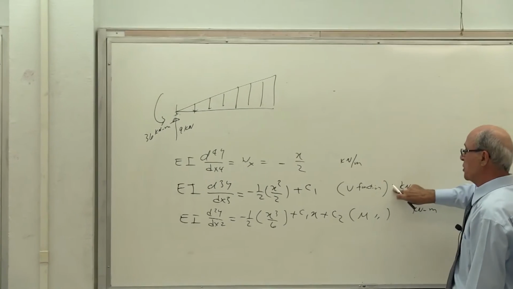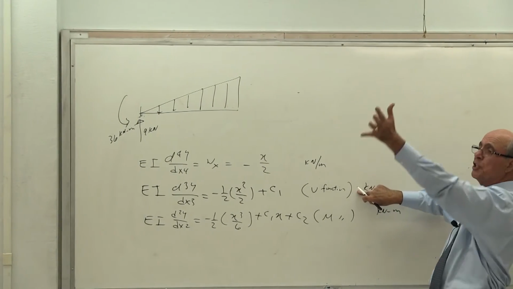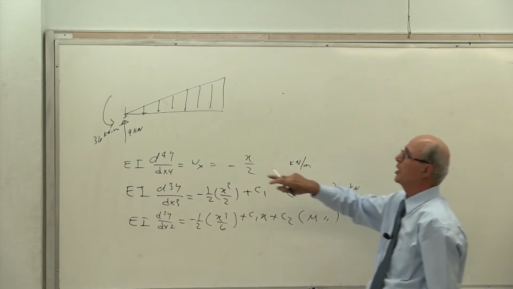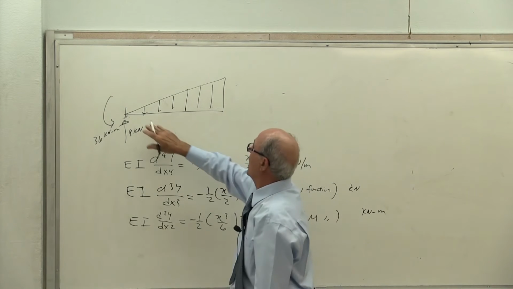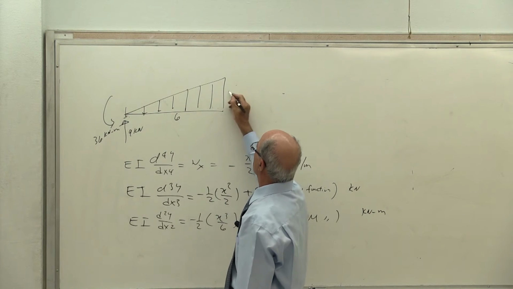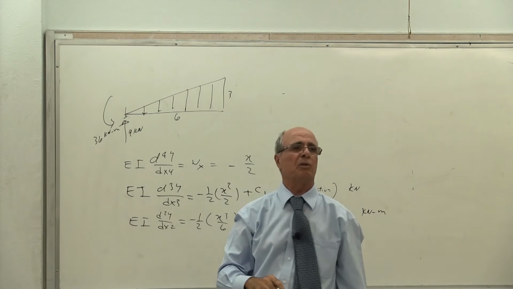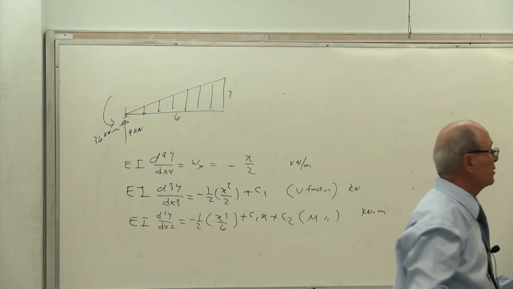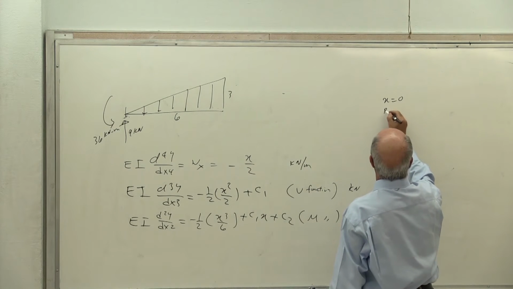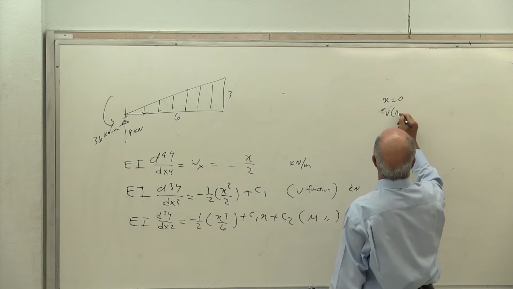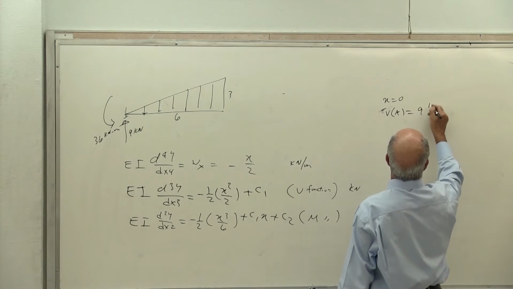Now, here, this is the shear function. I can use any shear that I know. First of all, I can use at x equal to 8. Shear was 8 or 6? 6. At x equal to 6, this was 3. Shear equal to 0. Everybody understand what happened? So this is simpler. At x equal to 0, shear at point A must be equal to 9 kilonewton.